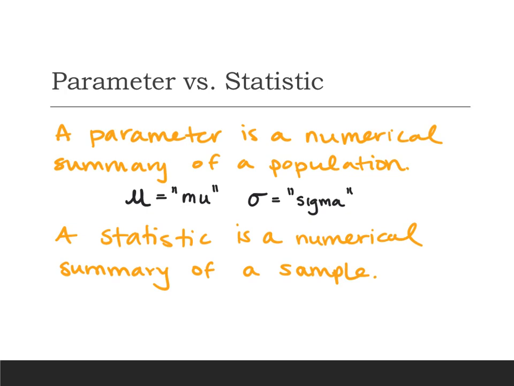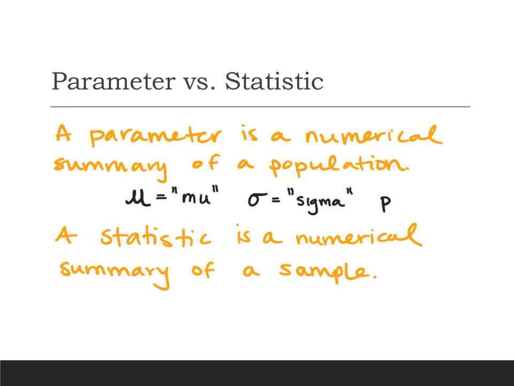And then one of our normal English letters, P. So these are some symbols for parameters that we will use. Mu is the population mean, sigma is the population standard deviation, and P is the population proportion.